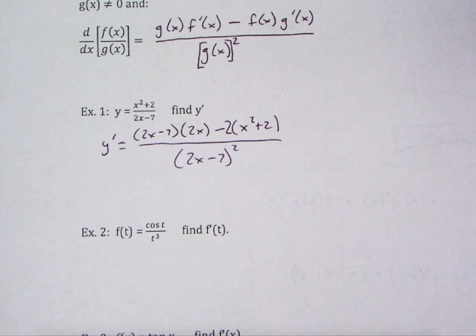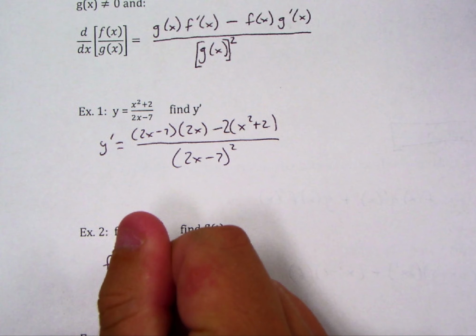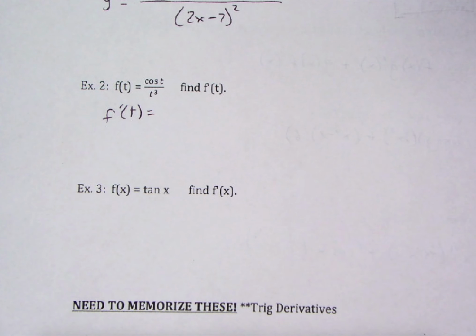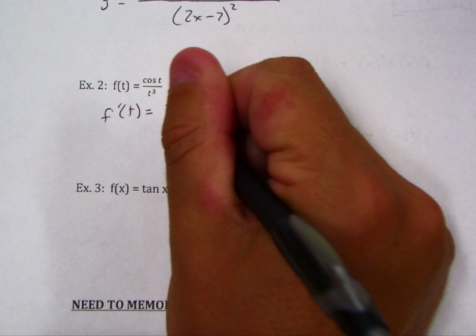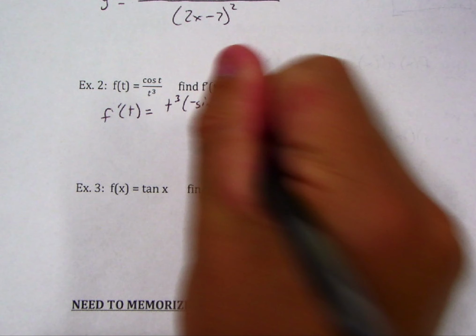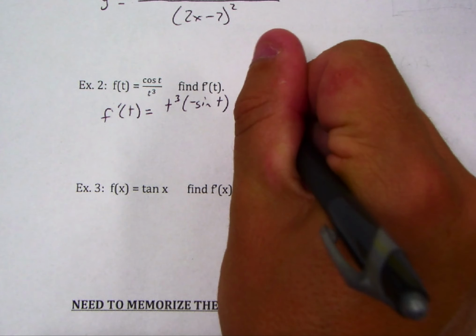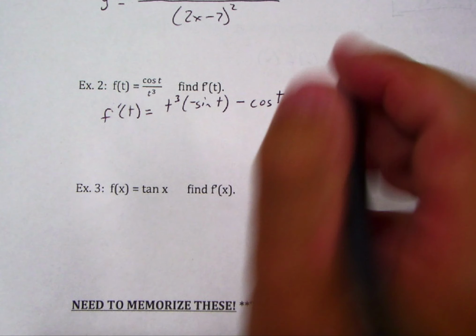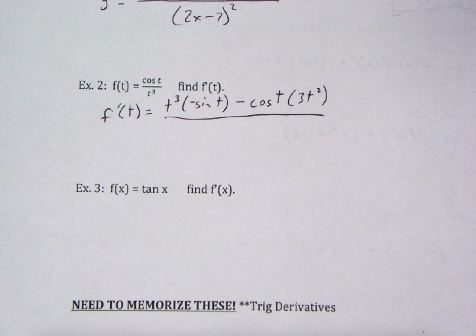All right. Next one. So we have a fraction. Let's find its derivative. So low d high, minus high d low, so the derivative of t cubed is 3t squared, over low low.